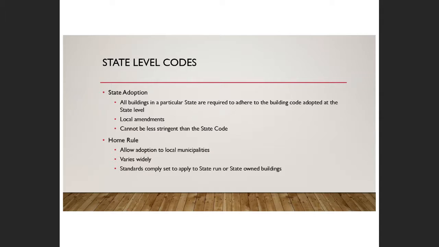So again, these things all vary on a state and local basis. Again, in the state of Illinois, generally speaking, towns and villages and jurisdictions can adopt building codes, but they certainly have to meet the requirements at the state level.